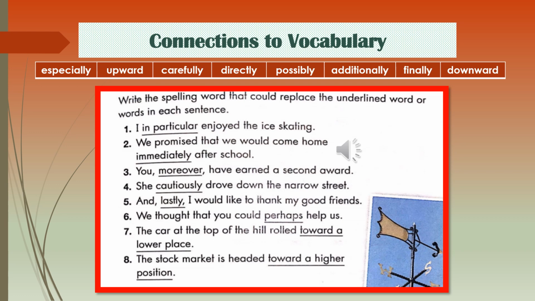The first sentence is, I, in particular, enjoy the ice skating. The words that are underlined are in particular. So you need to replace the words in particular with a spelling word that is in the bank.